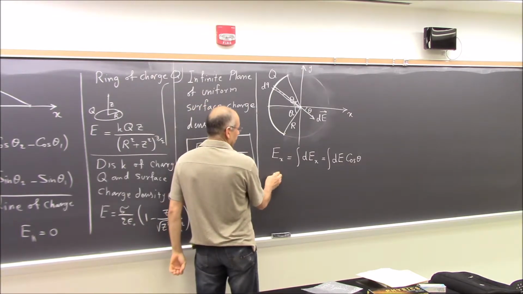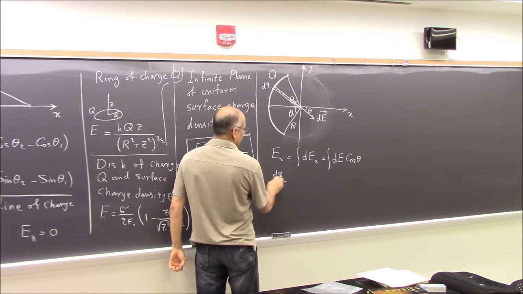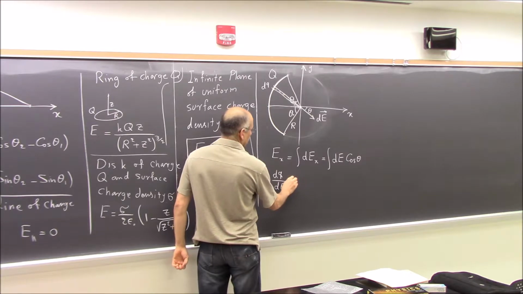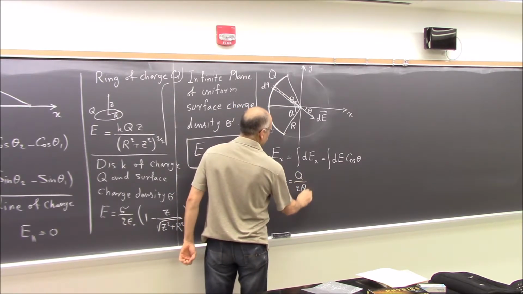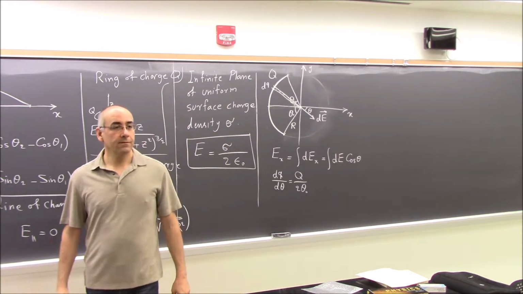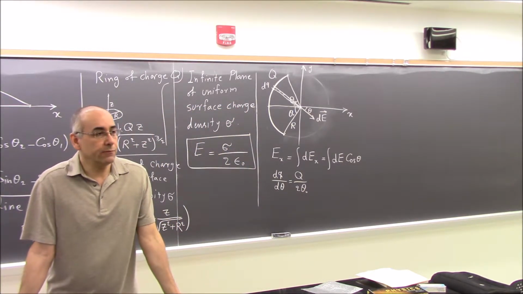Can we say dq over d theta is equal to total q over 2 theta naught? The same ratio if the charge distribution is uniform.